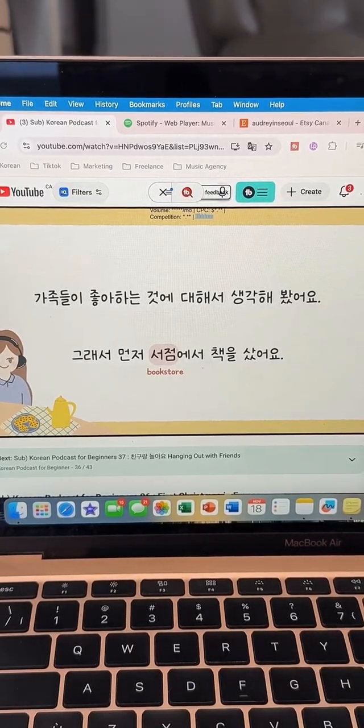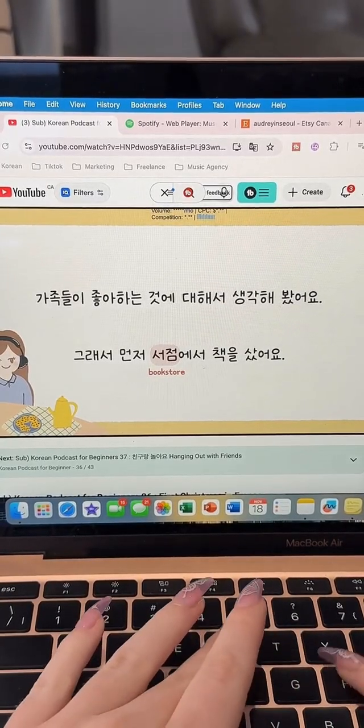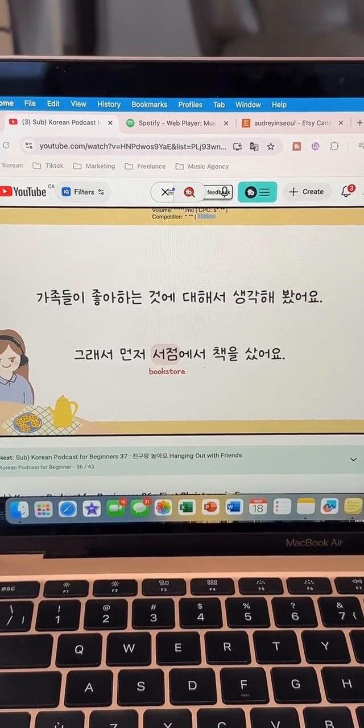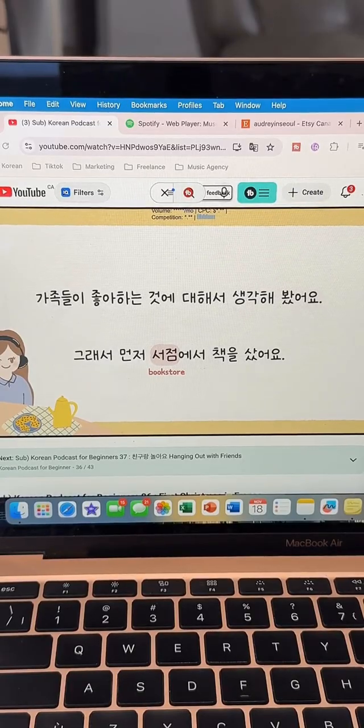Let me just see on Papago to double check. Yes, I think it means something, but with the 에 particle, I just want to make sure. Papago is not helping me either. Let me just go over on Google. 다시 한국어 질문. 어떤 것, something, certain things. 잠시만요.